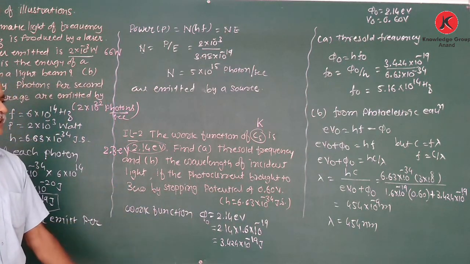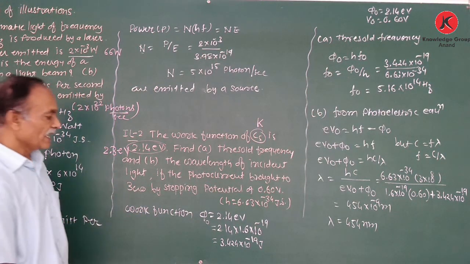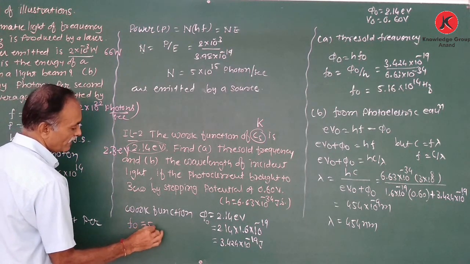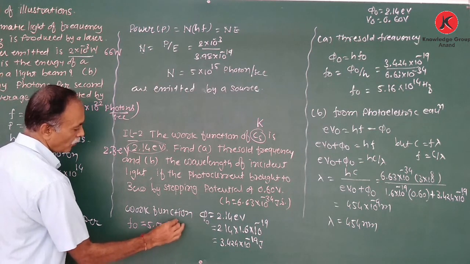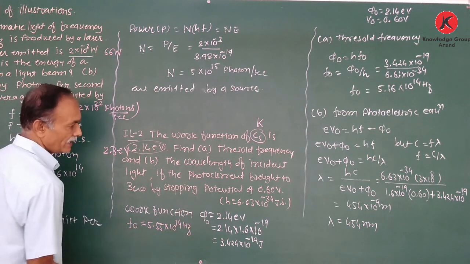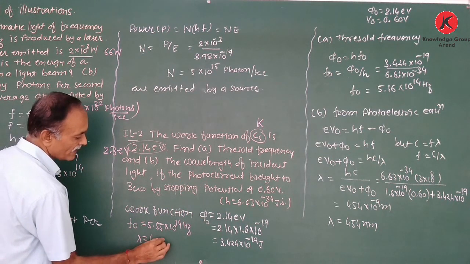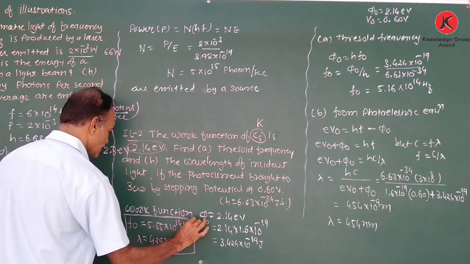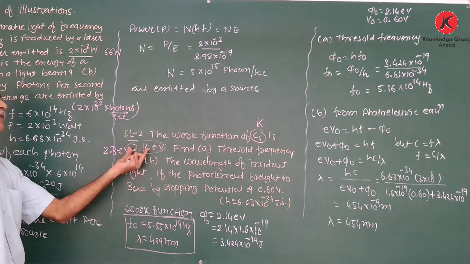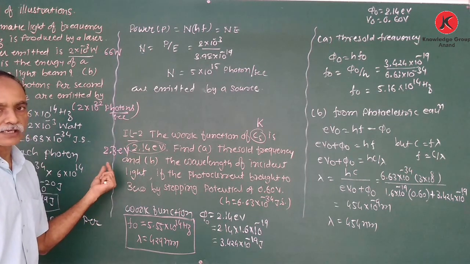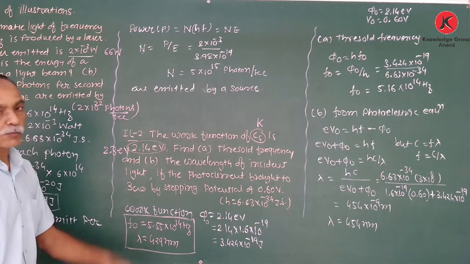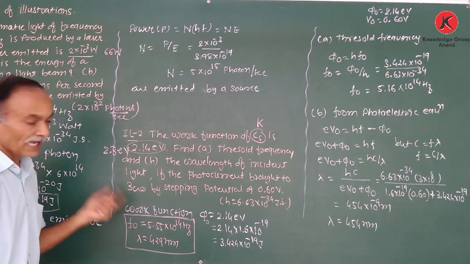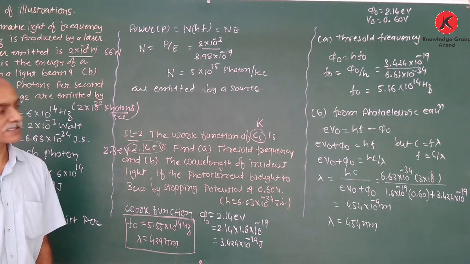Find the same physical quantities. So in the answer, f0 is obtained as 5.55 into 10 to the power 14 hertz, and the wavelength is obtained as 429 nanometer. That is the answer of the extra question. If instead of 2.14 electron volt we make the work function 2.3 electron volt, what changes occur in the wavelength of the incident light and the threshold frequency?